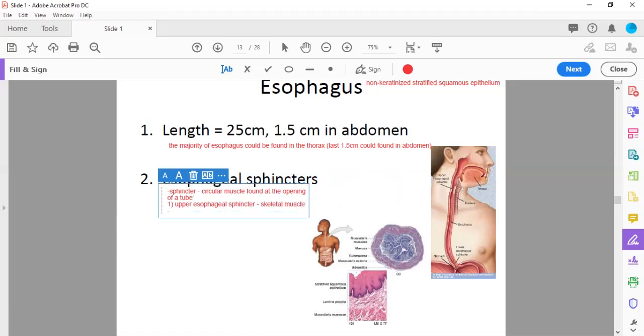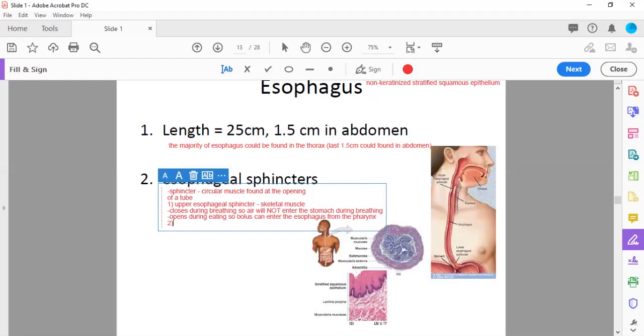Now, this sphincter closes during breathing, so air will not enter the stomach during breathing. And it opens during eating, so bolus can enter the esophagus from the pharynx.